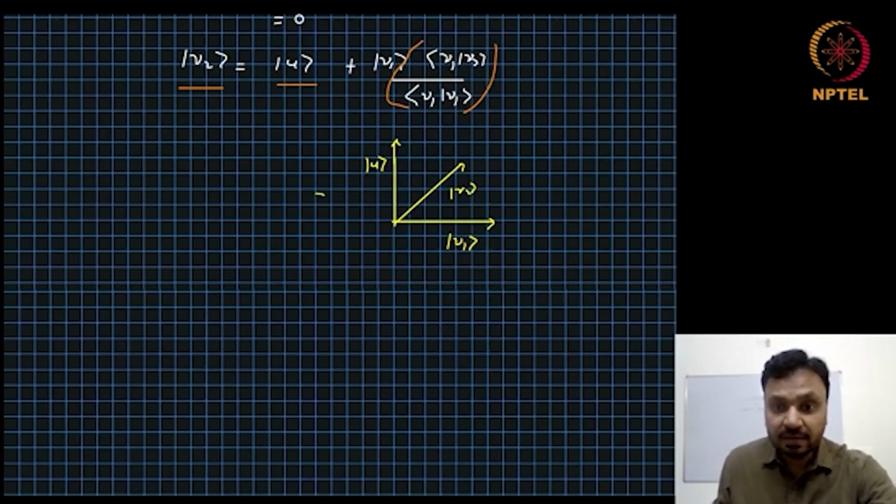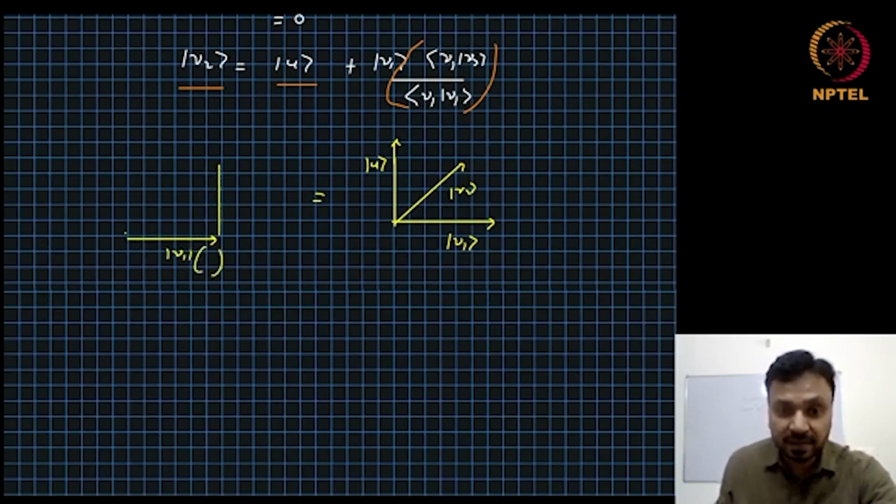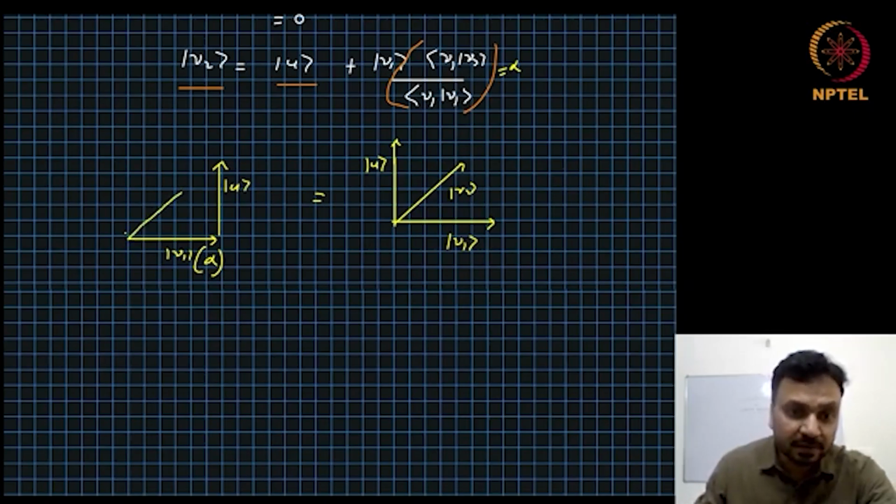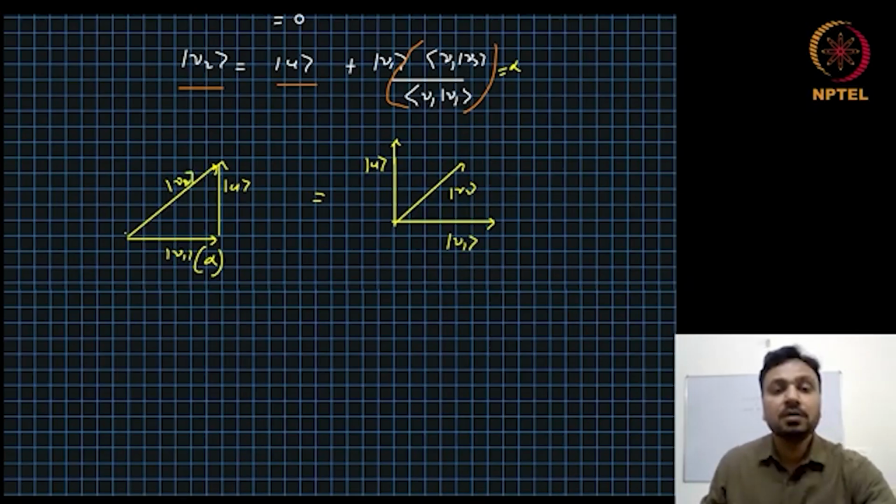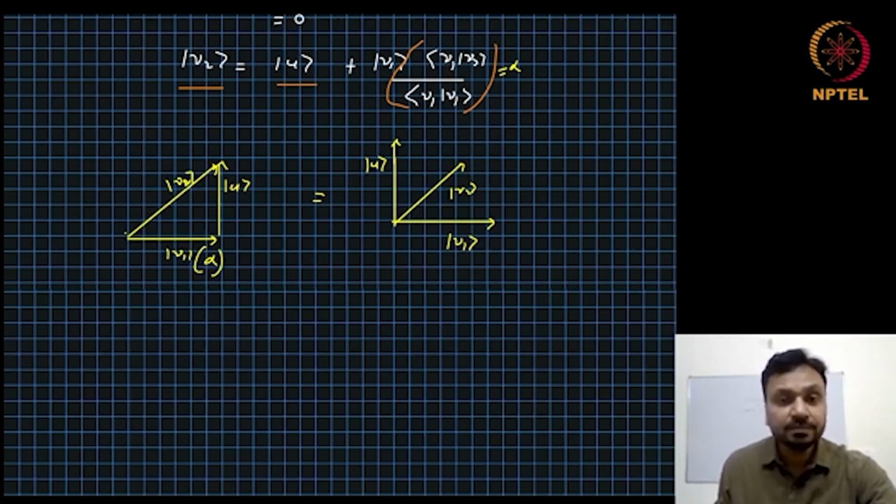So if we represent it in a slightly different way, it will be v1 with some scalar times v1, alpha, where this is alpha and this is u, and this will be our v2. So we have v1, v2 and u forming a right angle triangle.